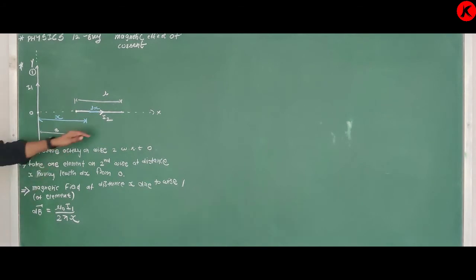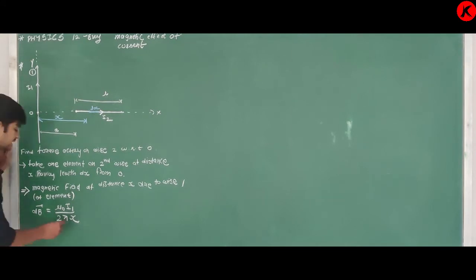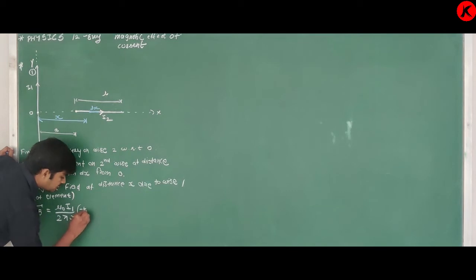It is the x-axis, the y-axis, and the z-axis is perpendicular outward. So inside means the minus z direction, so I can write minus k. So dB is mu 0 I1 upon 2 pi x, along minus k.